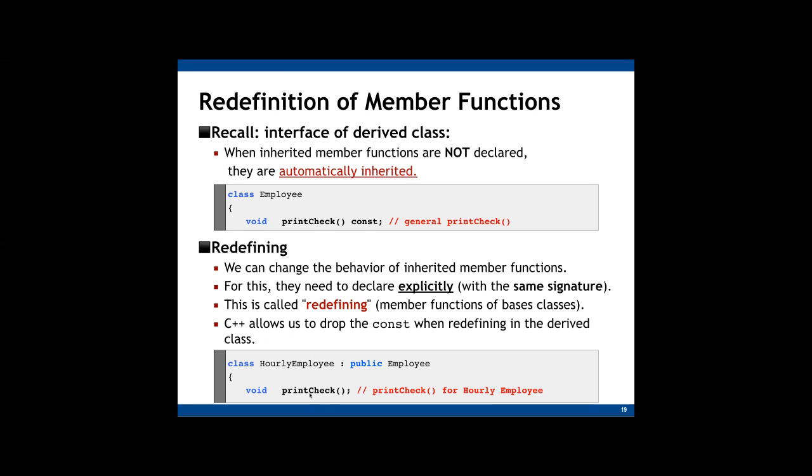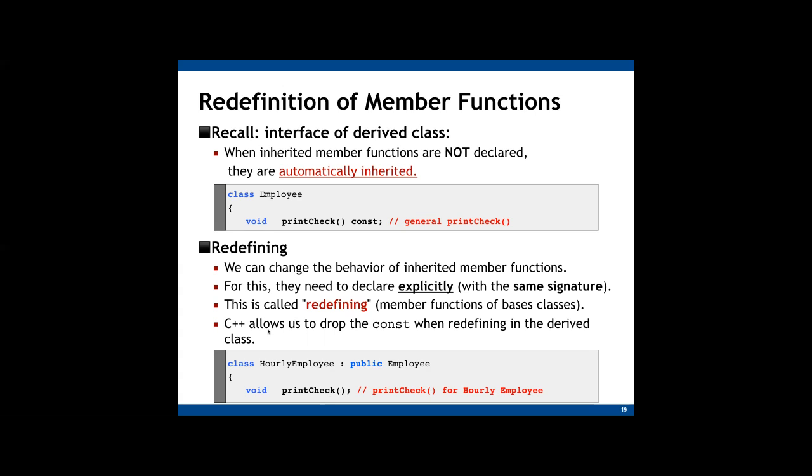We declared the print check member function, which is an inherited member function, because we want to redefine its definition in the hourly employee class. Unless you want to redefine the inherited members, you don't need to declare them in the derived class.